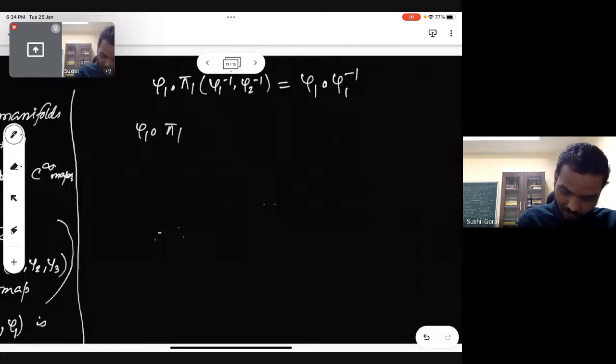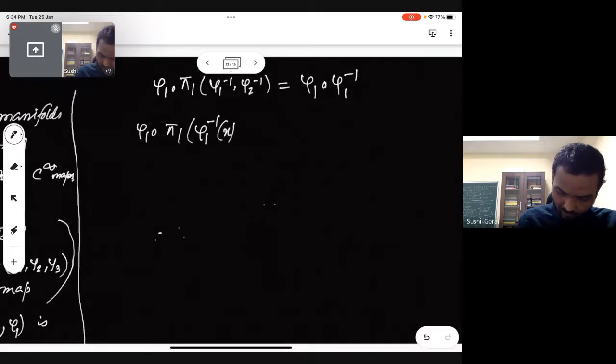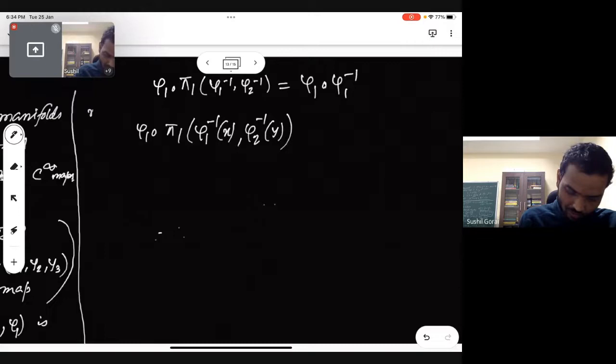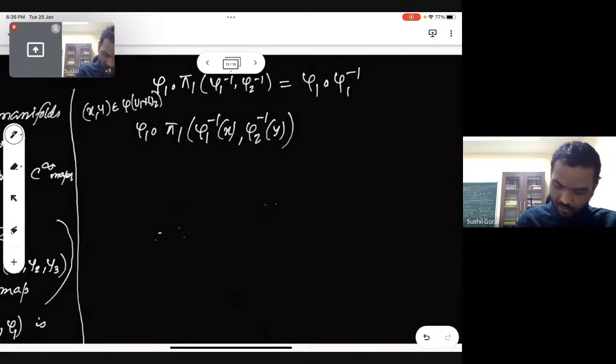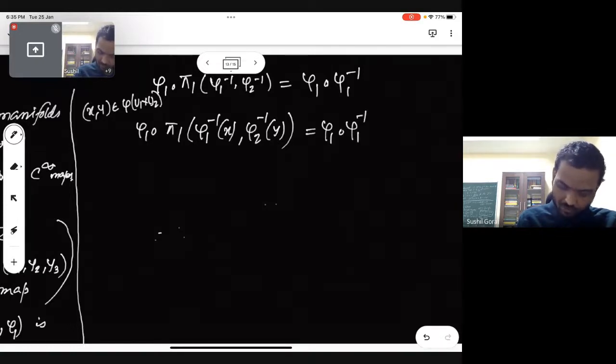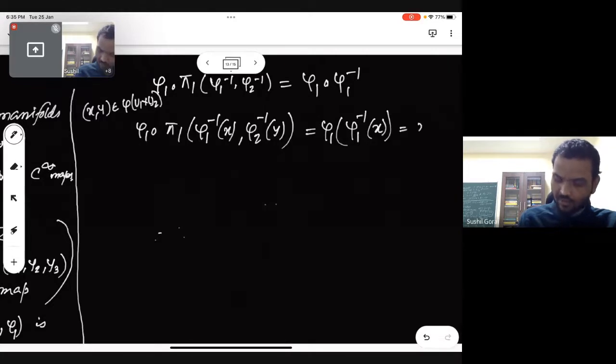So better to write it this way: phi1 of (phi1 inverse x, phi2 inverse y), where (x, y) belongs to phi of U1 cross U2. Now this is phi1 compose phi1 inverse, so phi1 of phi1 inverse x is x.